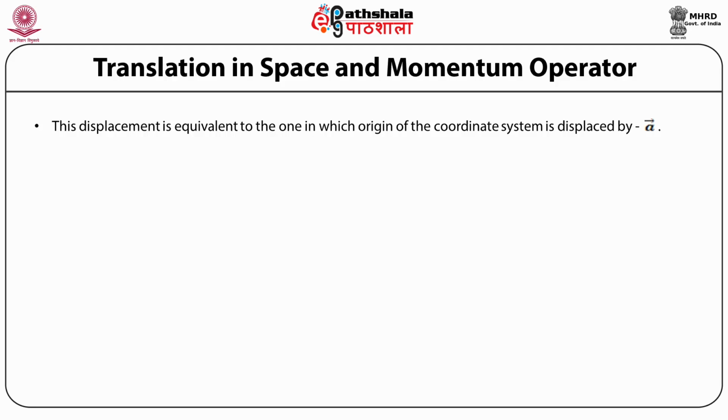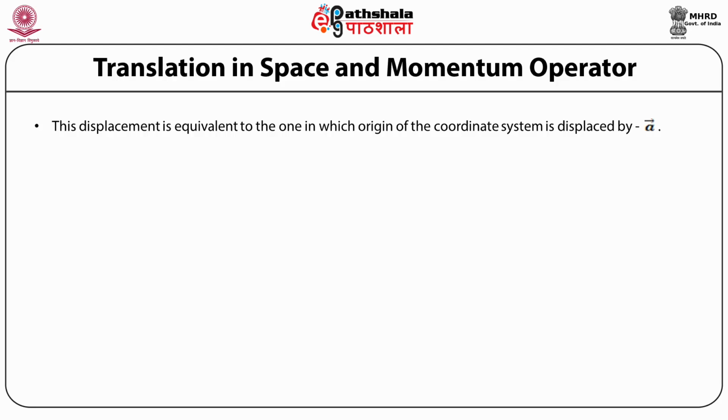So, if the position vector r is translated to the position vector r prime, where r prime is given as r plus a, this same condition can be replicated if we translate the origin of the coordinate system by the position vector minus a.